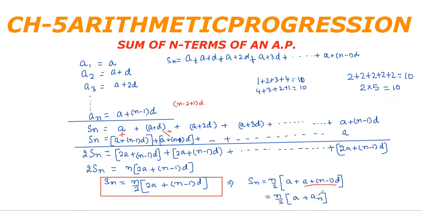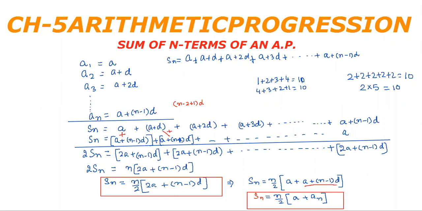So I can replace it by an, and therefore I got another formula for Sn, that is Sn is equal to n by 2 times a plus an. So these two formulas of finding the sum of n terms of an AP will help you in solving the questions in the next exercise very easily.